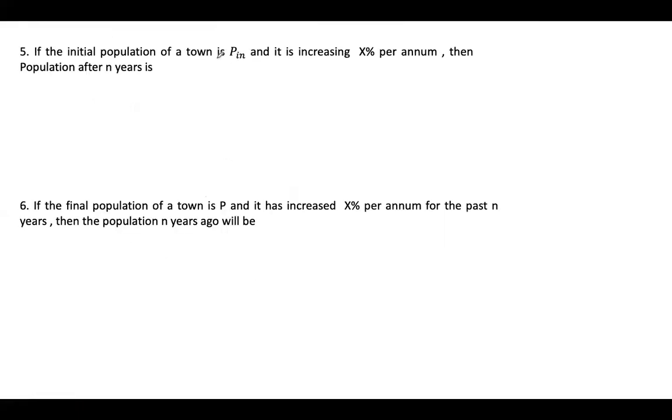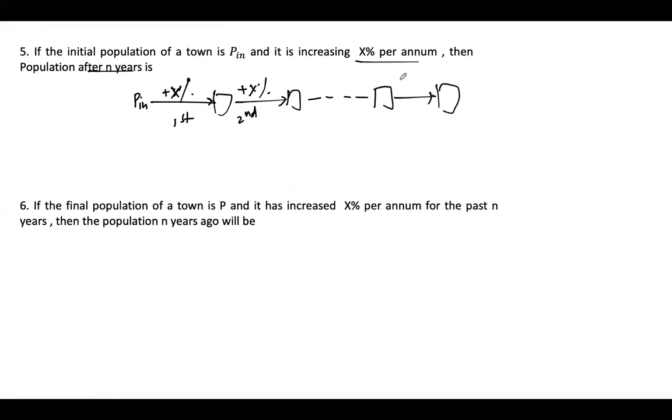Also tell me, if the initial population of a town is P and it is increasing by X percent per annum, then the population after n years, for example first year, second year, it is also increasing at X percent, say after the nth year. Then I need to find the population after n years. How will I write the same thing?